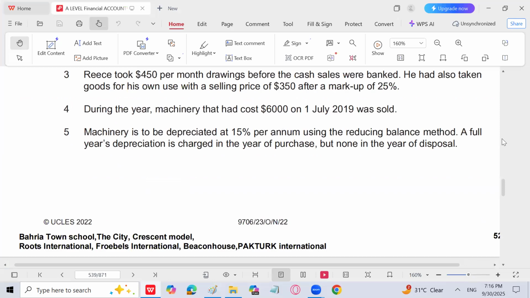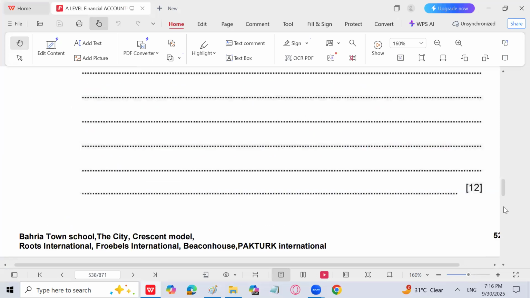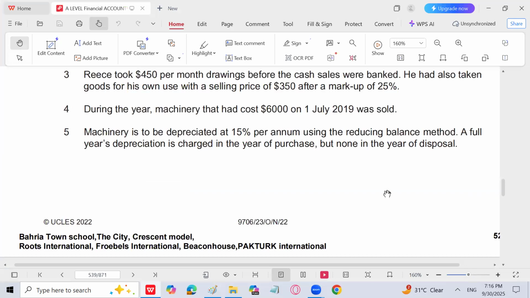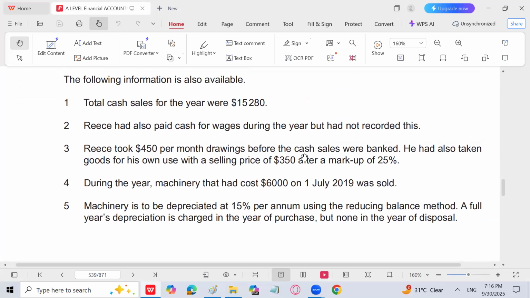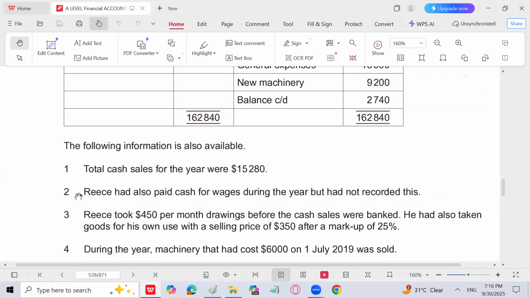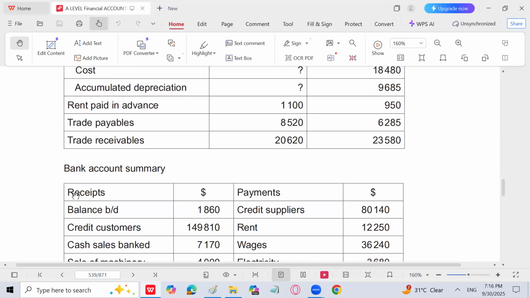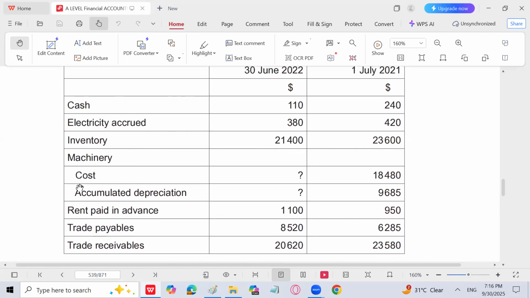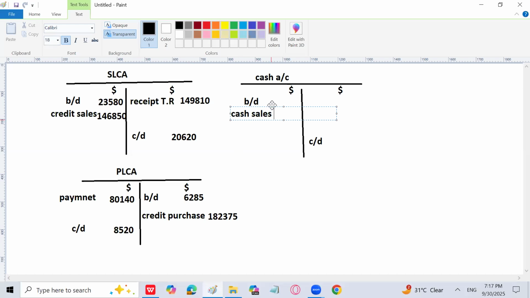Now let's move back. The total cash sales for the year were 15280, and brought down and carried down of cash, let me write 240 and 110. I will write here 240 brought down and 110 is going to be the carried down. Cash sales is 15280.